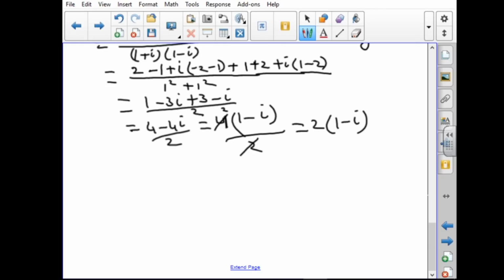So now we have to find the modulus of the complex number. So modulus of 2 into (1 minus i).